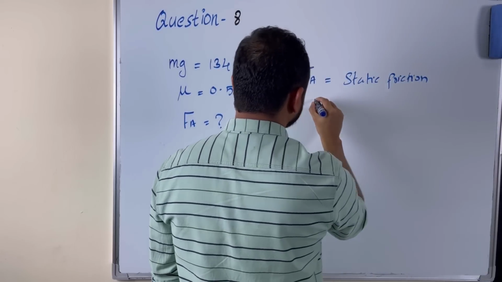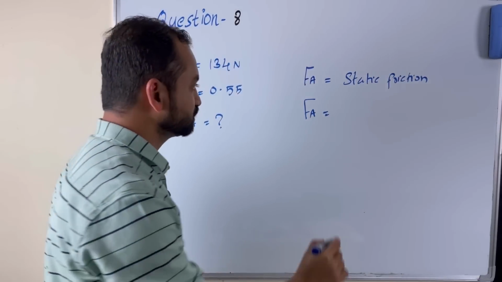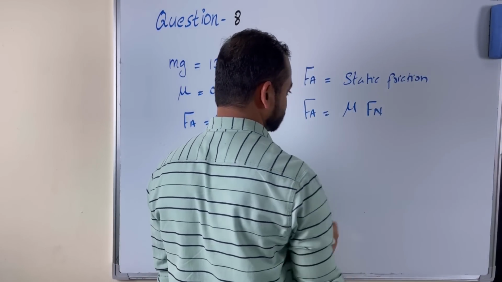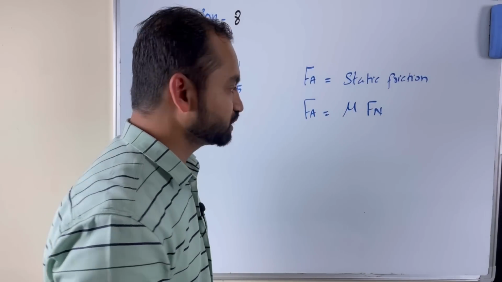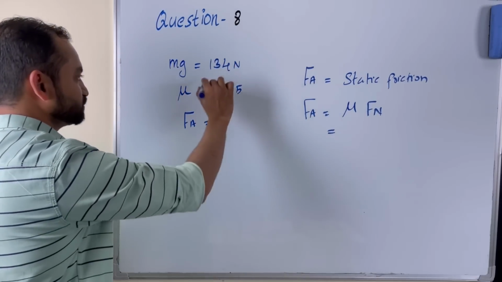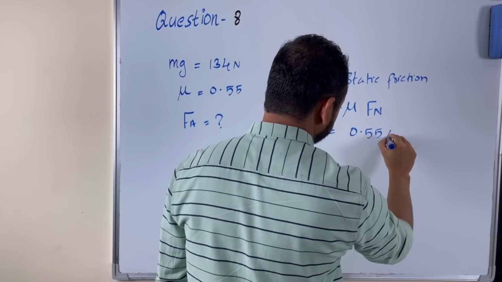To calculate friction, whether it is static friction or kinetic friction, there is only one equation. Friction is coefficient of friction multiplied by normal force. It's very easy because coefficient of friction is given here, 0.55, multiplied by normal force, also given here, right?